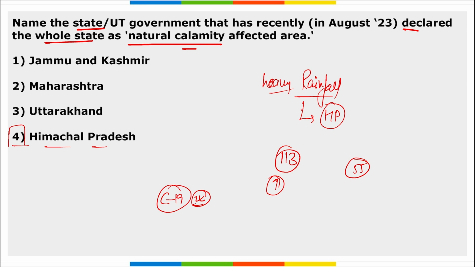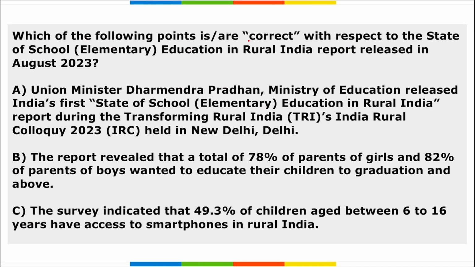Correct? We have seen that almost 5,000 crore worth of properties have been destroyed in Himachal Pradesh alone during the last few months. Next, which among the following are correct with respect to the state of school education in rural India report that was released in August 2023? If we look at the options, we have to tell which among the following are correct.